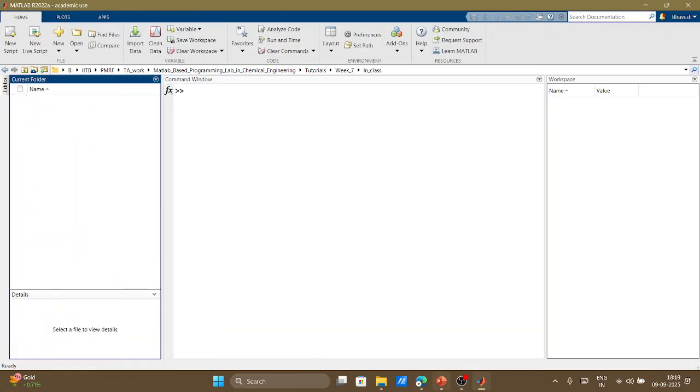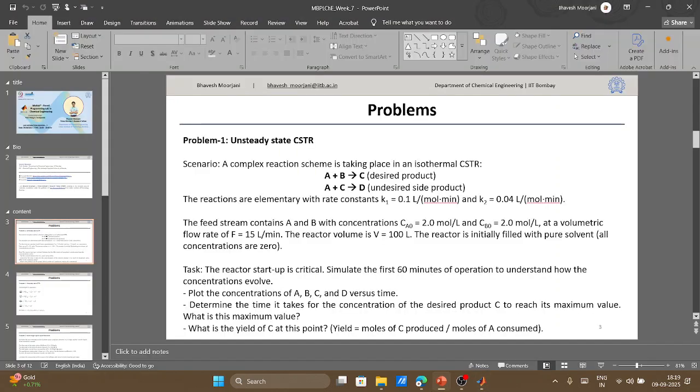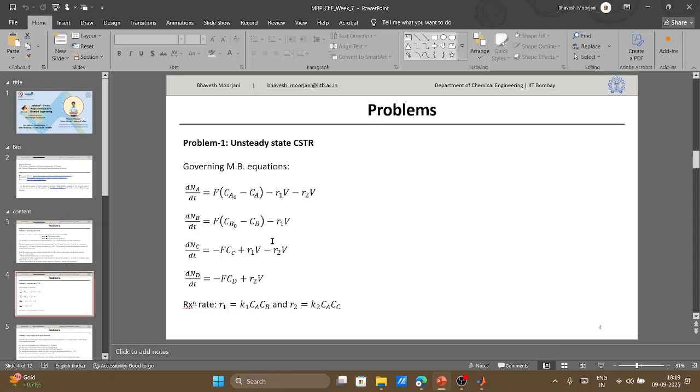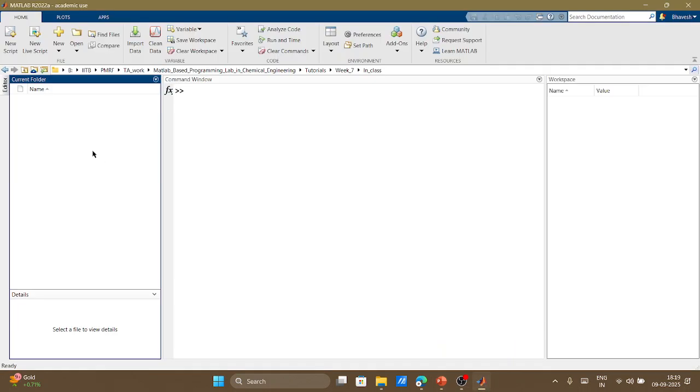So what we will do first, we will solve this problem in two parts. I will create the function which describes the governing equations, the mass balance equations for our unsteady state CSTR, and then in the main code, we will call this function to solve this through the ODE-45 solver, right?